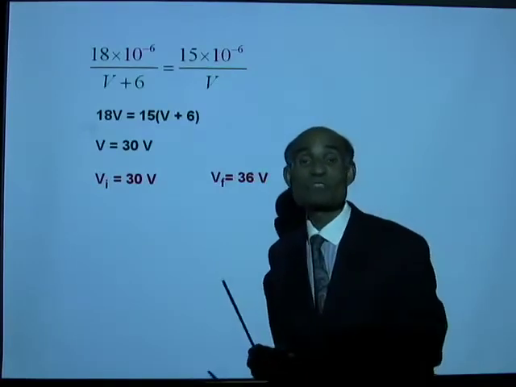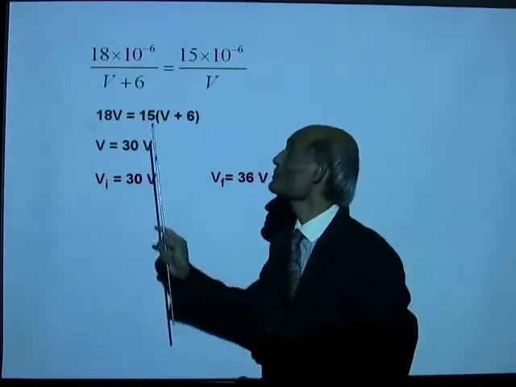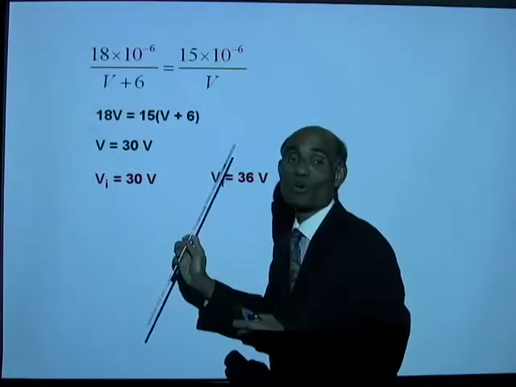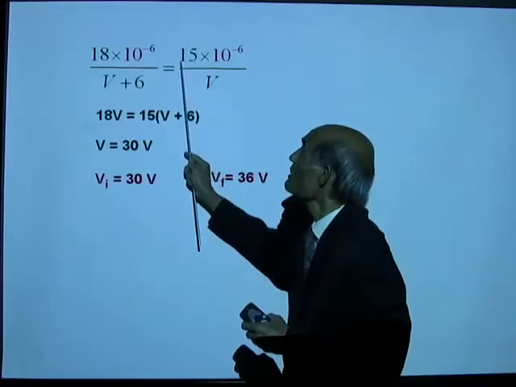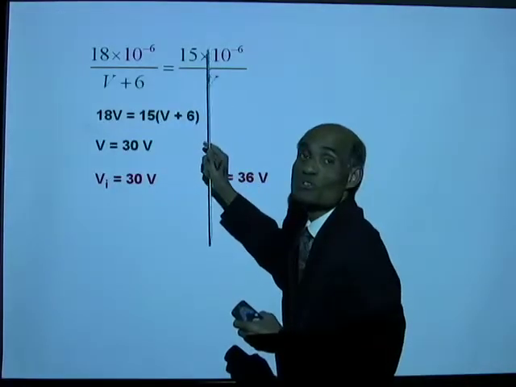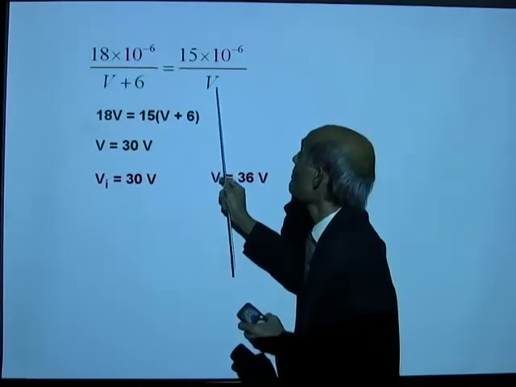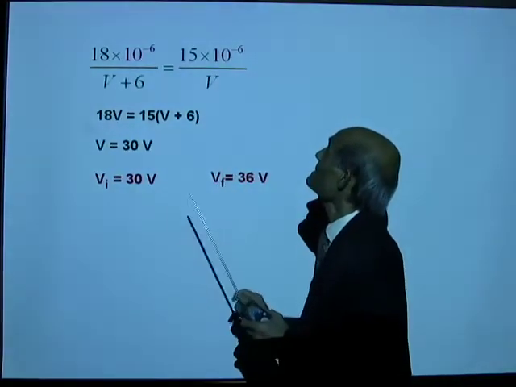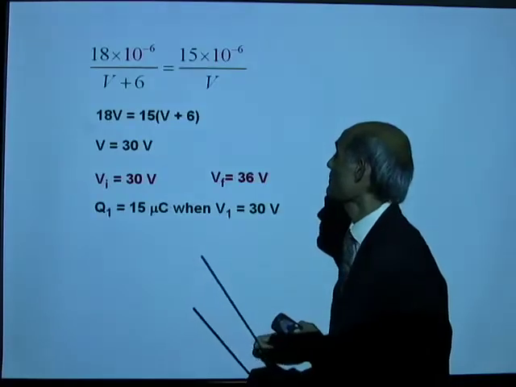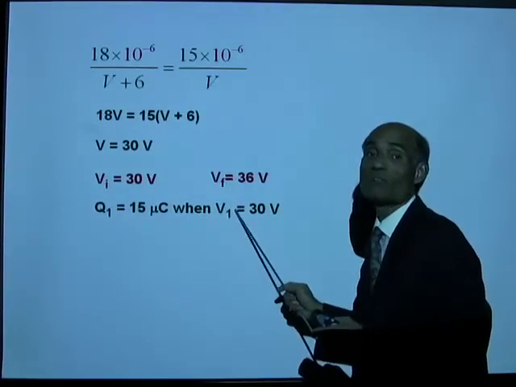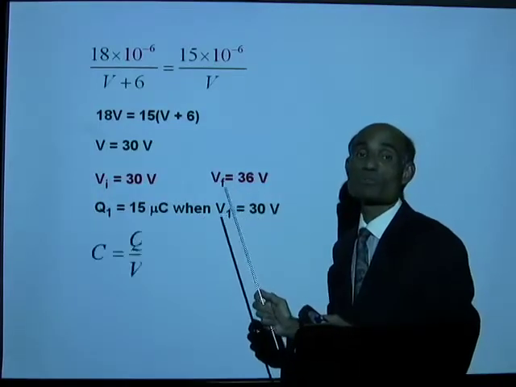What is the capacitance of this capacitor? You can see each of this is the capacitance. So all you need to do is, you can take this C equal to Q1 over V1. Take the value of V there and calculate, that will be the capacitance. So Q1 equal to 15 microcoulomb and V1 equal to 30 volt.